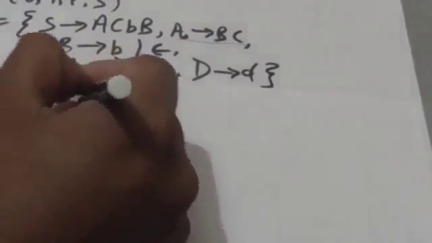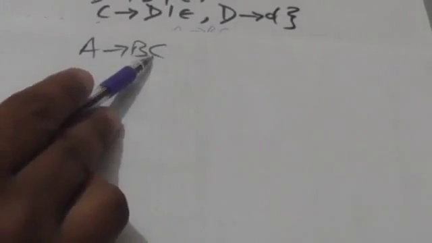Now see another production, A derives BC. Here B and C are nullable variables. So this production will be added to set P2 along with all other productions which will be obtained by deleting one or more nullable variables, but not all nullable variables, from the right hand side of this production.